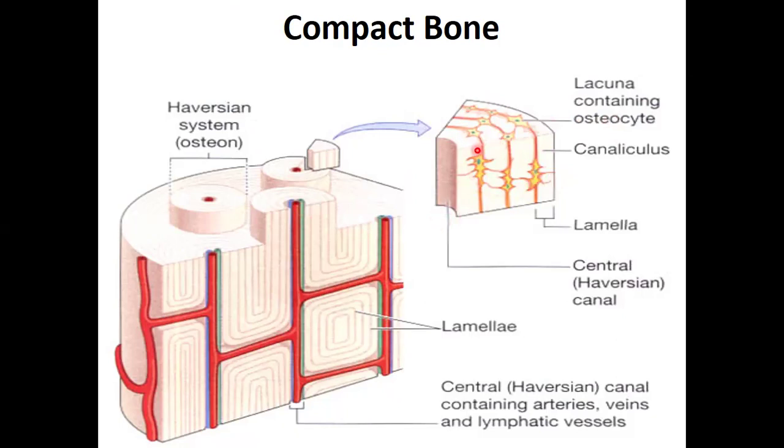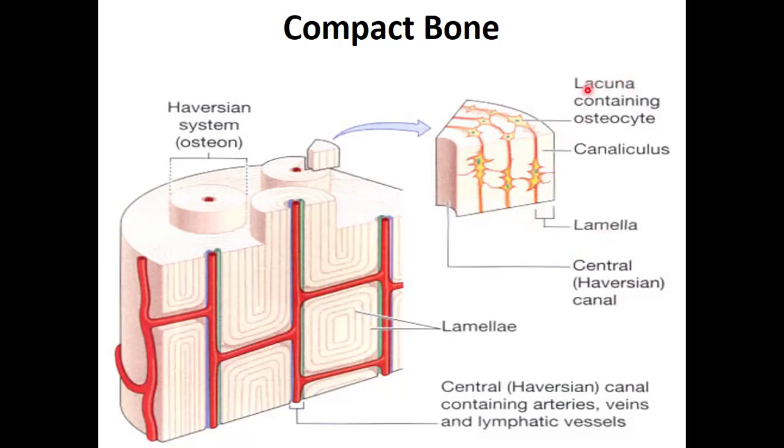So these cells are fixed in this position. They're not mobile. Between each lamella, this is one lamella, you find these cells with their canaliculi. Those spaces where you're going to find cells is what we call lacuna.